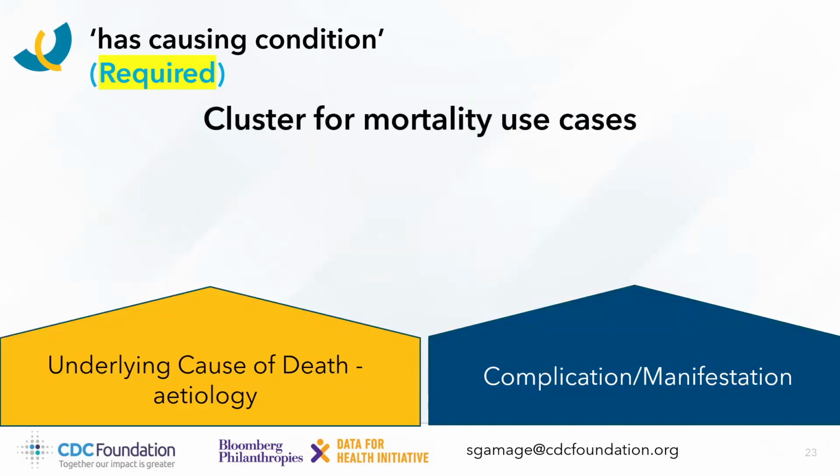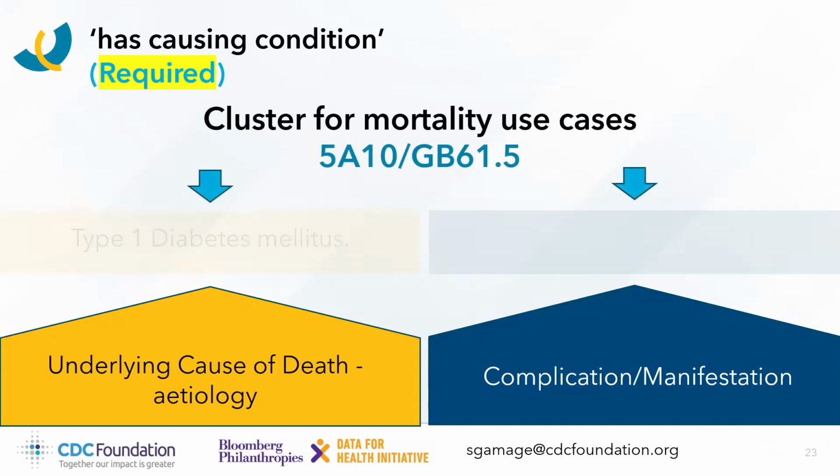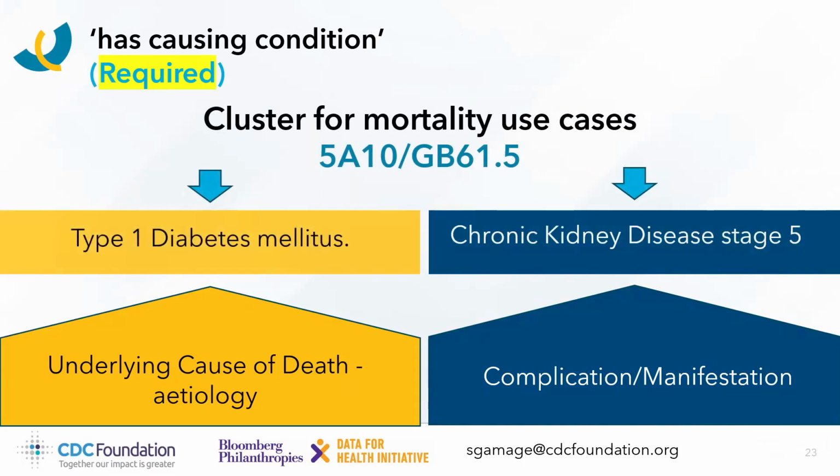So this is the cluster for mortality use cases, 5A10, GB61.5. Type 1 diabetes mellitus is the underlying cause of death, the etiology, and chronic kidney disease stage 5 is the complication or the current manifestation. This is for mortality use cases. The most important is the underlying cause of death or the etiology. The code for etiology should come first in the cluster.